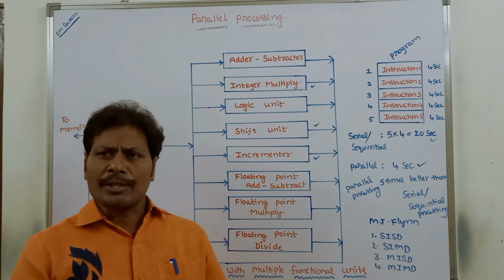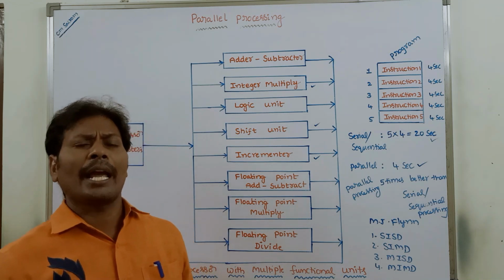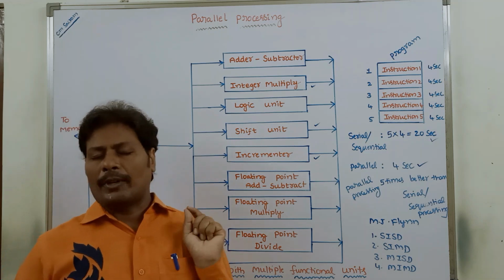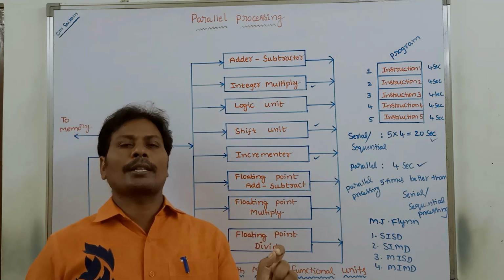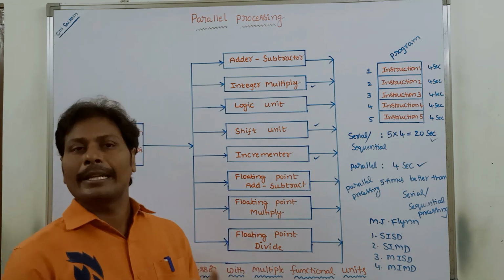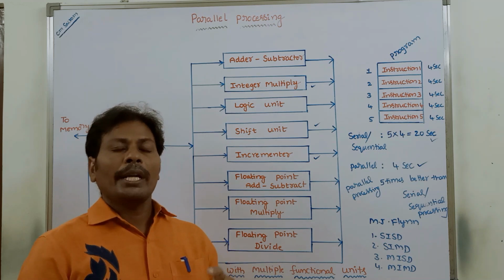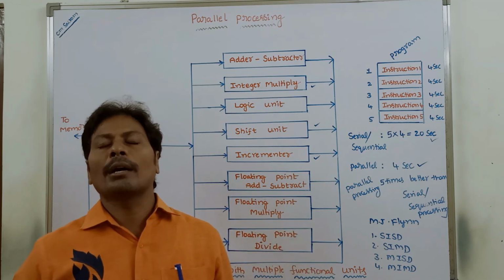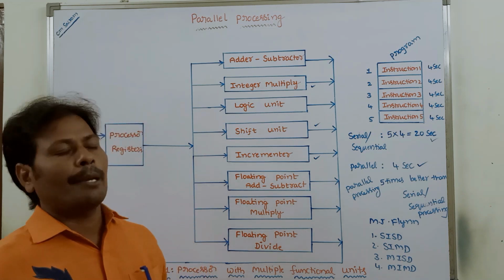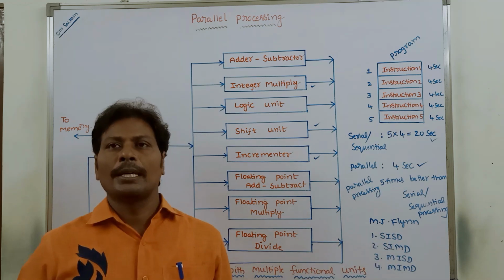The sequence of instructions that are read from the memory constitutes an instruction stream. What is data stream? The operations that can be performed on the data stored in the processor registers can be called data stream.